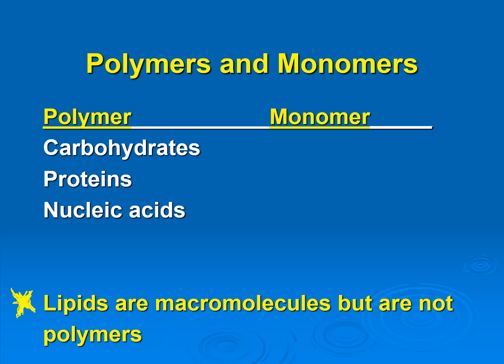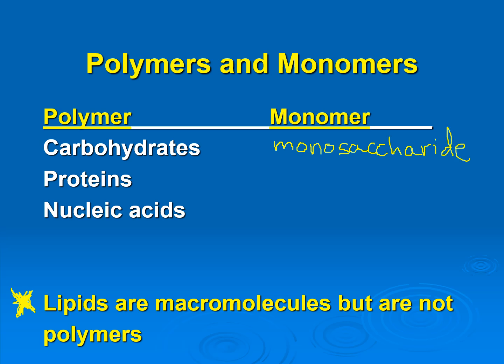Let's take a look at these macromolecules up here, the carbohydrates, proteins, and nucleic acids, and list out the monomers, the building blocks or subunits that make up the polymer. For carbohydrates, their monomer or building block would be a monosaccharide, mono meaning one and saccharide meaning sugar.